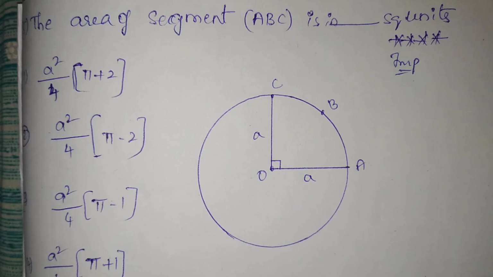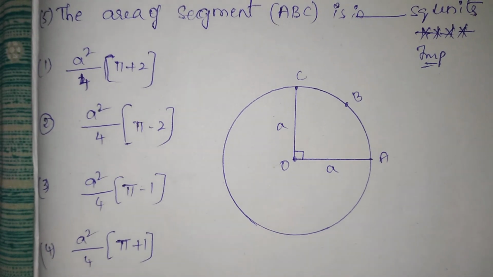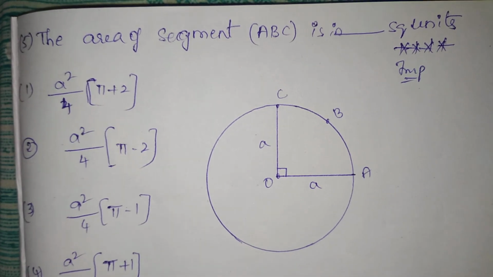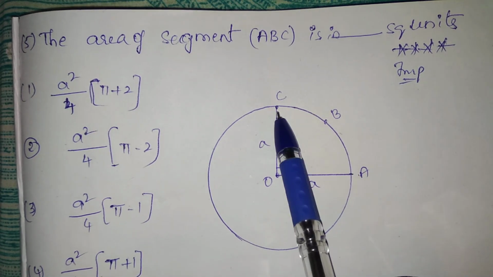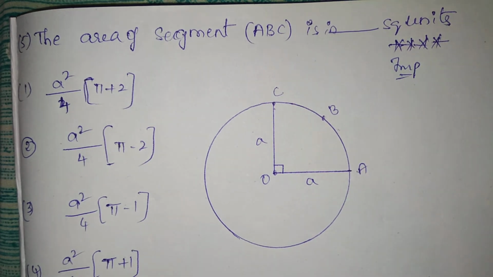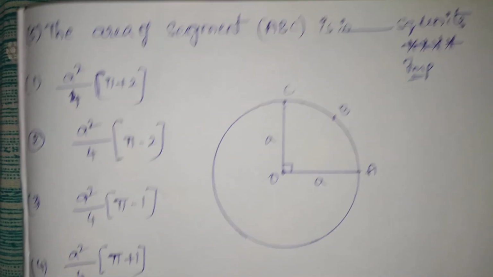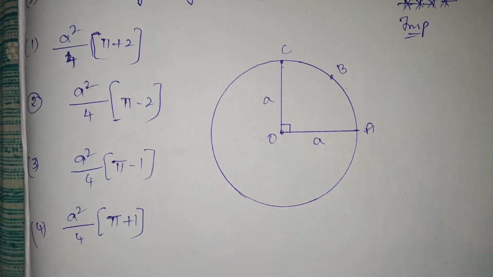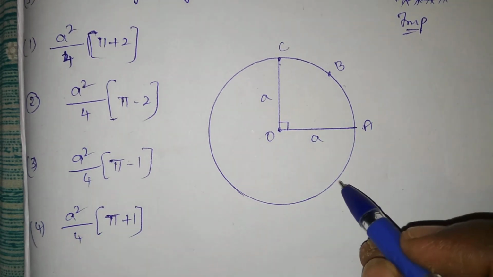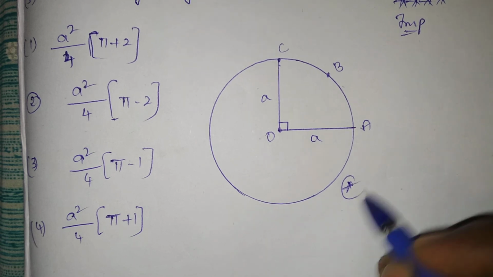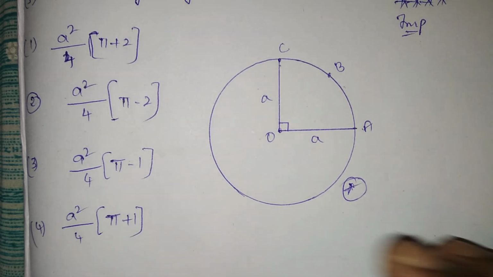This is very important. This is from circles. The question: the area of segment ABC should be in square units. This problem is given from intermediate, but you have to know this formula.